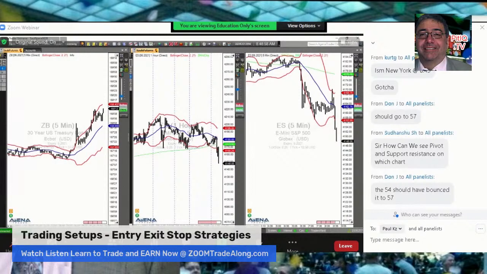As we continue to downtick here, looking for the 45 area now. That's our next level of support.